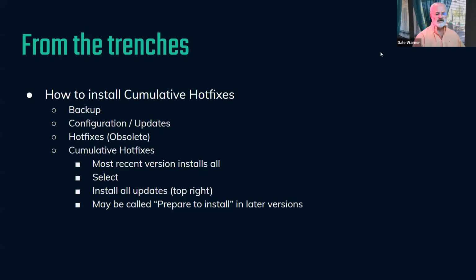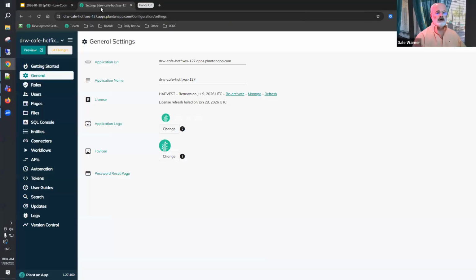A couple of things to note: the most recent cumulative hotfix will install all of the ones that are shown below. So you most typically pick the most recent hotfix, select it, and start the installation. Let's take a look at what that looks like.